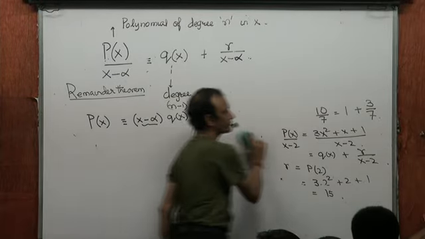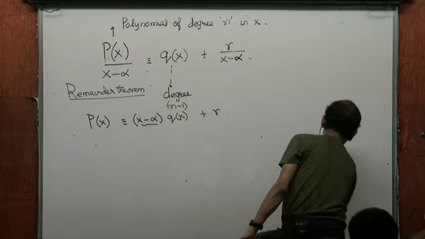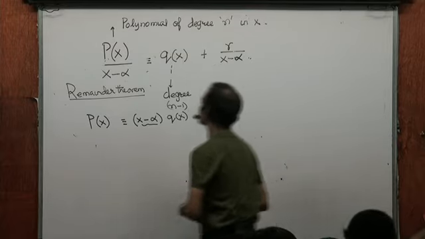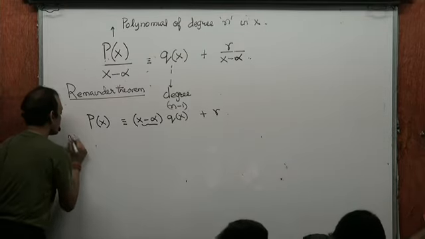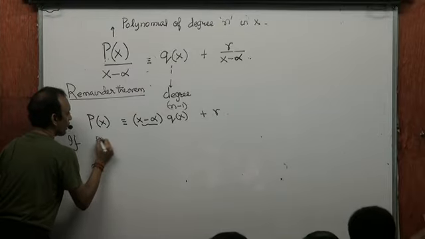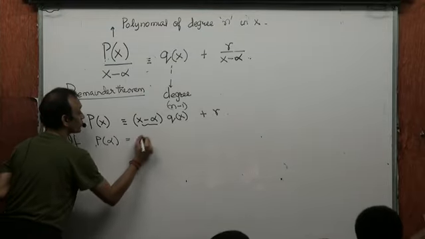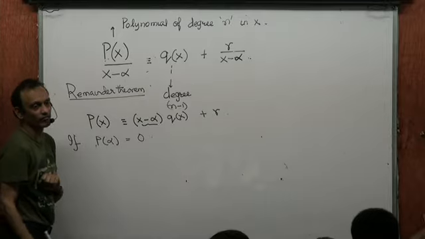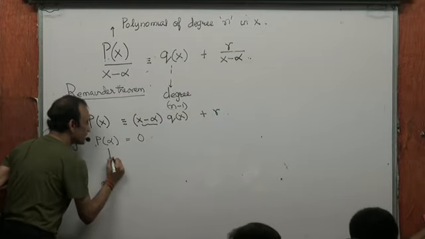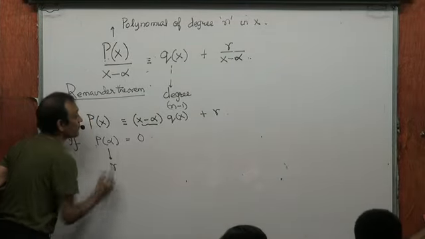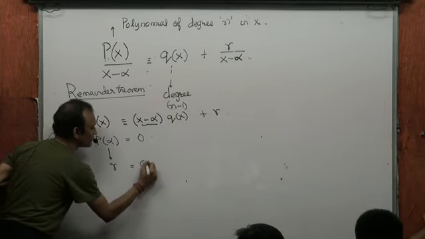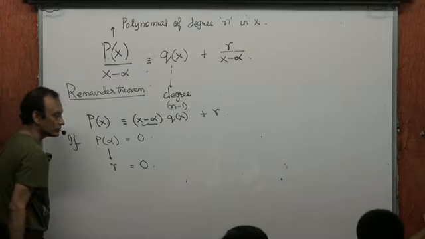If it so happens that P(alpha) is 0, what is P(alpha)? P(alpha) is the remainder r when P(x) is divided by x minus alpha. That means the remainder is 0. Right?